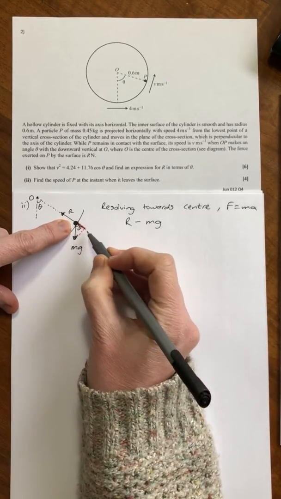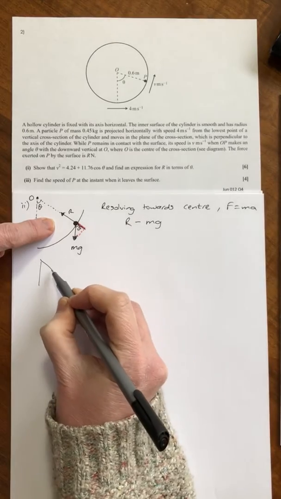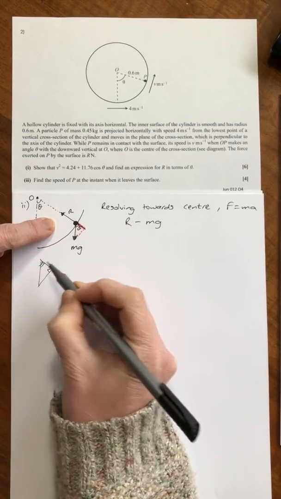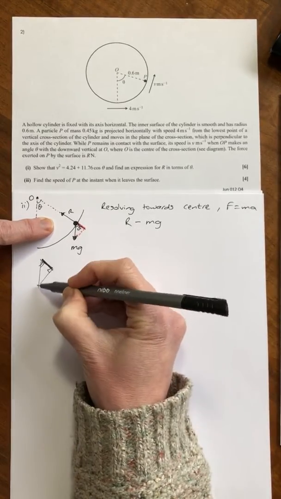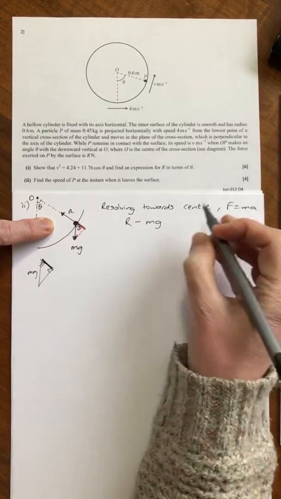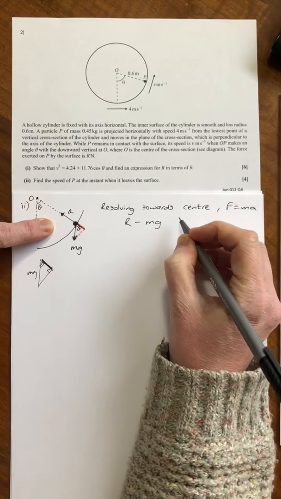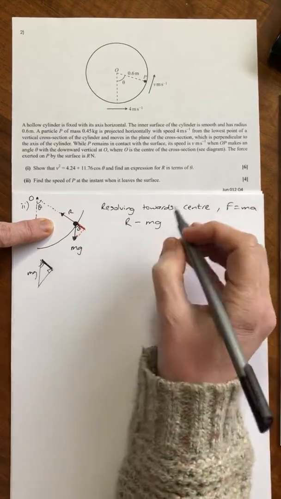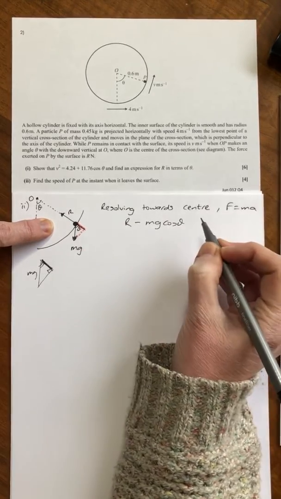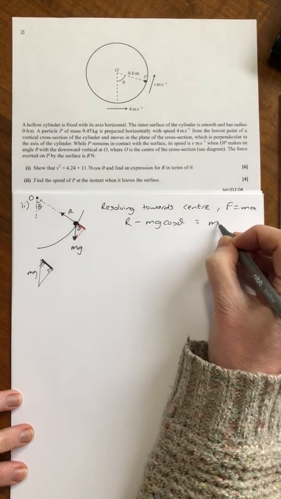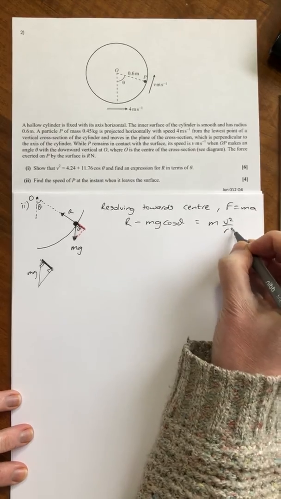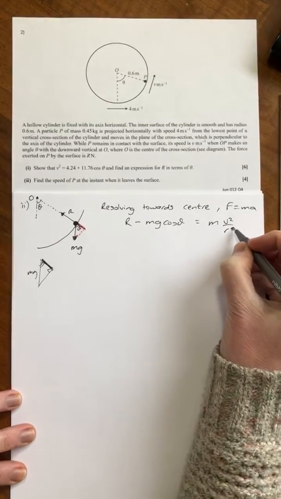Again, some of you might want to draw this triangle out here, but it is my angle there. I want that component, it's the cosine component. mg is my hypotenuse. So it's going to be mg cos theta. So R minus mg cos theta is equal to ma. So m, we're going to use v squared over r.